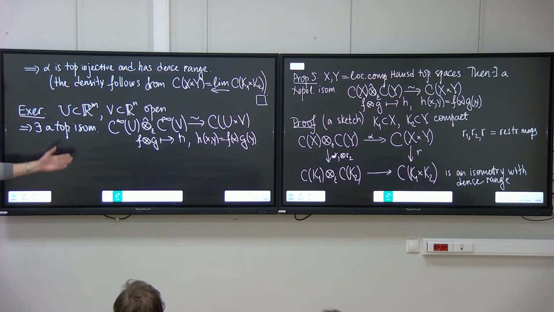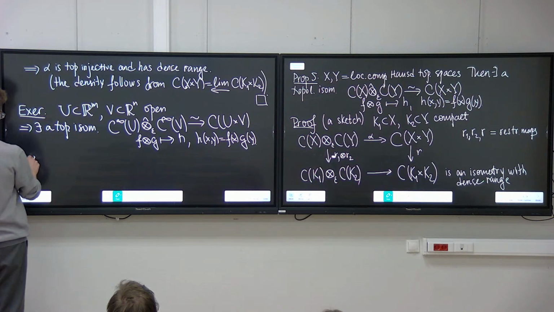In fact, it's now rather easy to guess that we can replace the injective by the projective tensor product, because we have already discussed today the spaces of smooth functions on the torus, where the basic tensor product was the projective one. And here we use the injective tensor product, but in fact they are the same for the spaces of smooth functions.